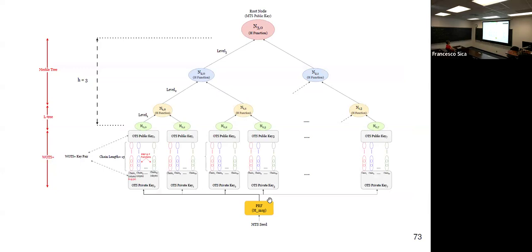We can create all private keys together at the same time, but that's the naive method. In the optimized method, we will create a private key on demand, having just some random seed.